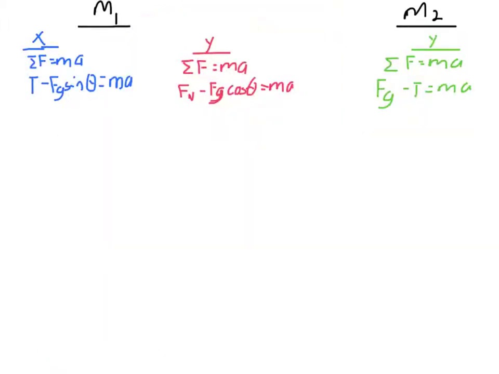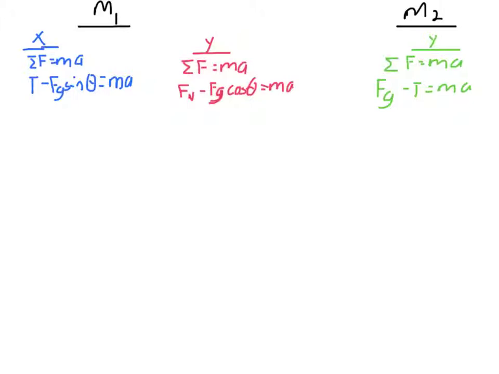All right, so I went ahead and I set up the x and y axis for both of our objects. Mass 1, our x-axis, was tension positive, according to how I chose system positive, system negative, minus Fg sine theta. Remember the component of gravity going down the ramp, sine theta, opposite from what we're used to with the x-axis on that ramp there. Theta here is going to be 40 degrees, angle of the ramp.